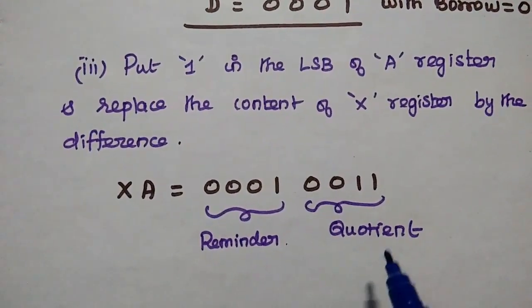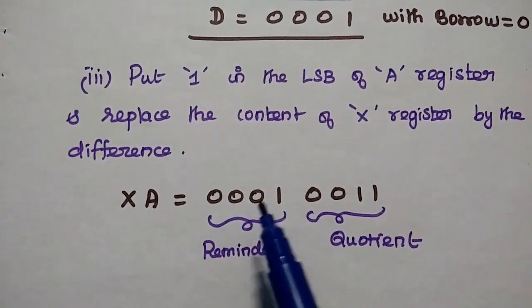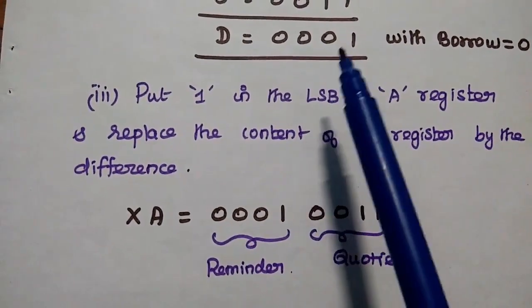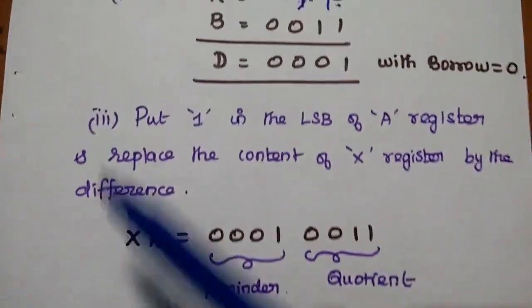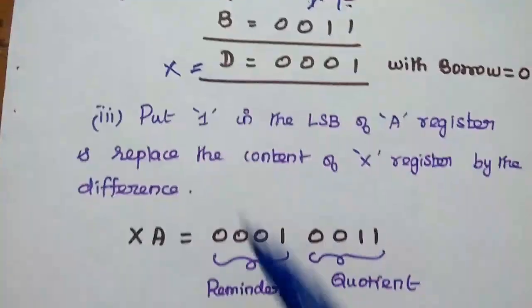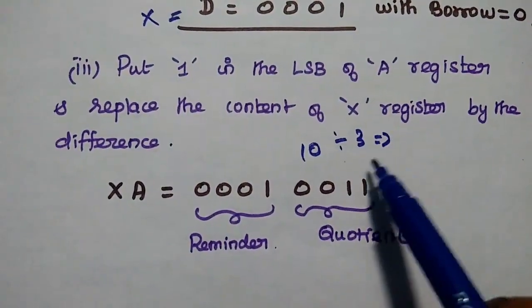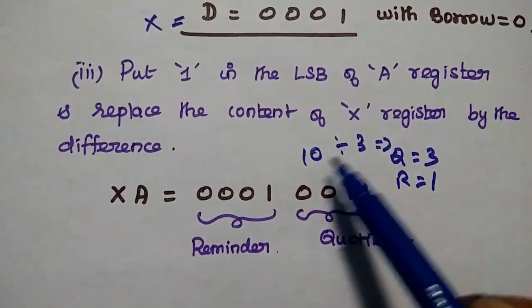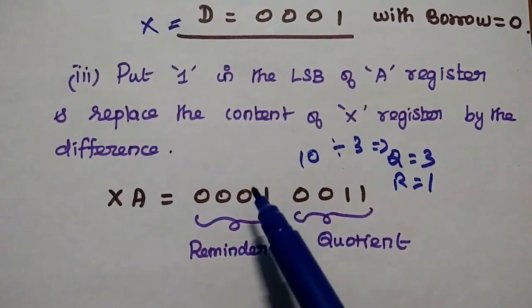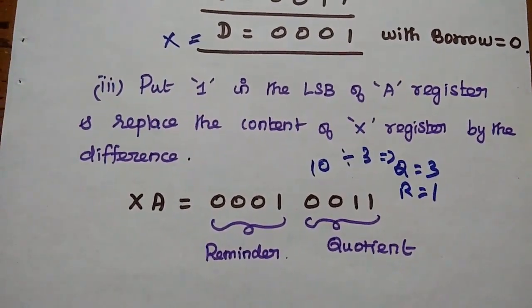That is nothing but the quotient. 0, 0, 1, 1 means 3. The final difference in the X register is 0, 0, 0, 1. Correct? So it is nothing but the remainder. So 10 divided by 3, we get the quotient as 3, remainder as 1. So now we have got quotient as 3, remainder as 1. Okay? So this is the binary division using the restoring method.